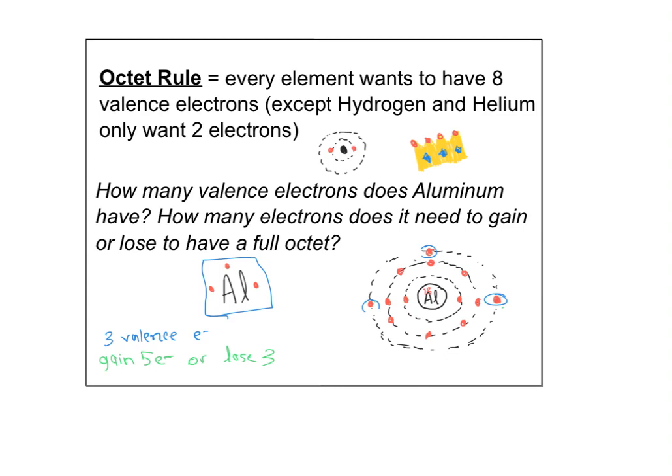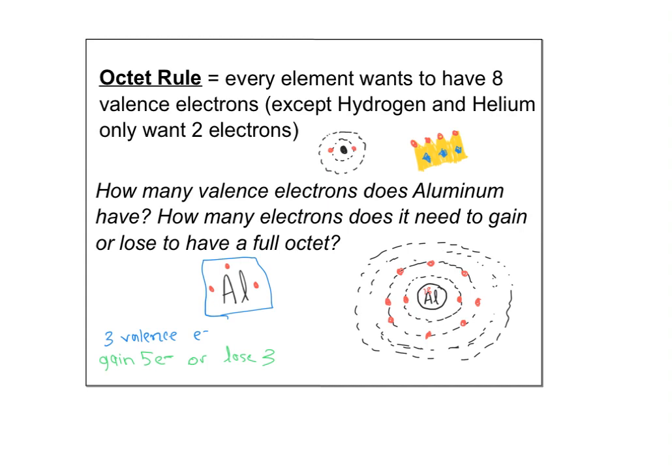So bear with me. What if it loses this, eraser please, this one, and this one? Does aluminum have a full outer ring? Well, remember, this ring is there, but there's also tons more, right? There's a bunch of empty rings, empty space all around aluminum. Just because you have a concert doesn't mean that all of the seats are filled up. That's what's happening with aluminum.